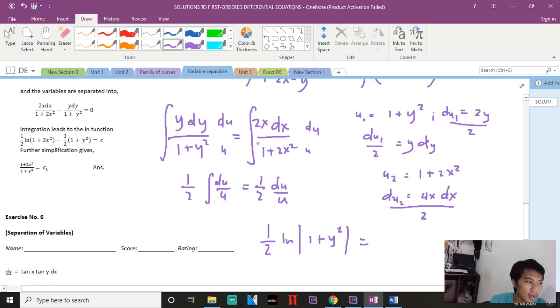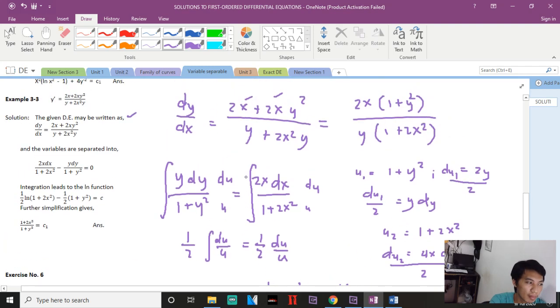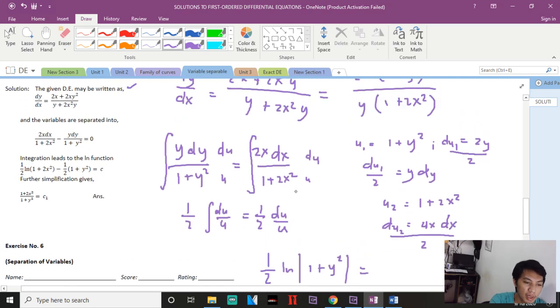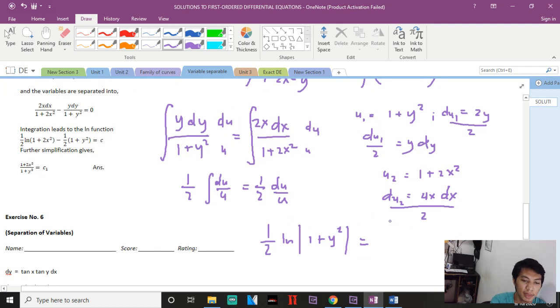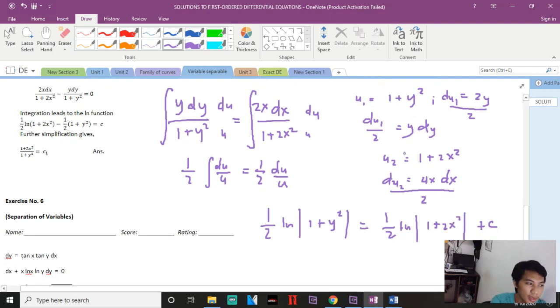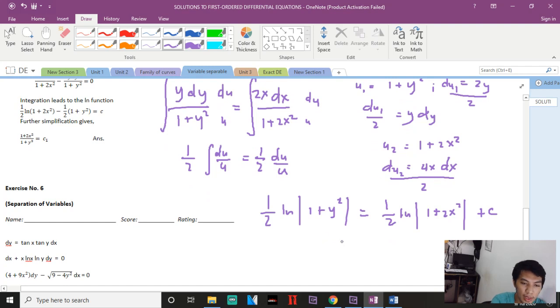Yes. Ay, nilipat sa kabila. Ay, hindi na ako maglipat. Ganito na lang yan. Equal lang naman. So, 1 half ln na ginamit mo kay x. Yung ginamit mo kay x is 1 plus 2x squared, okay, plus c.